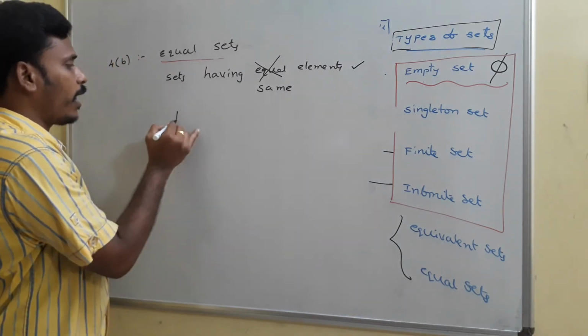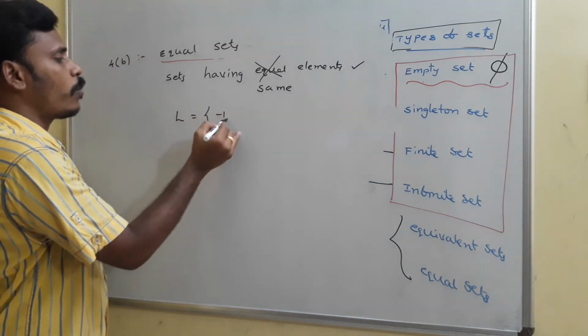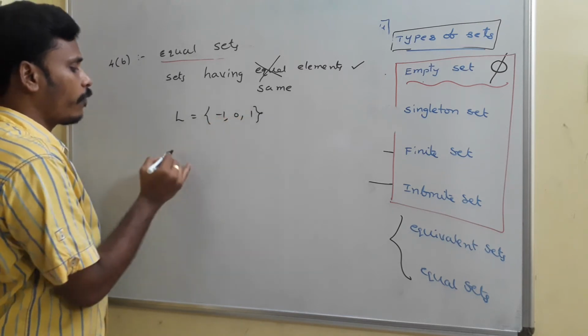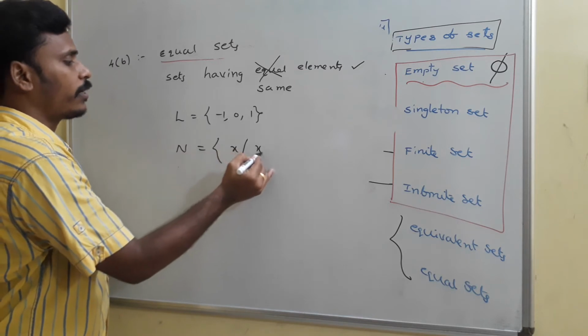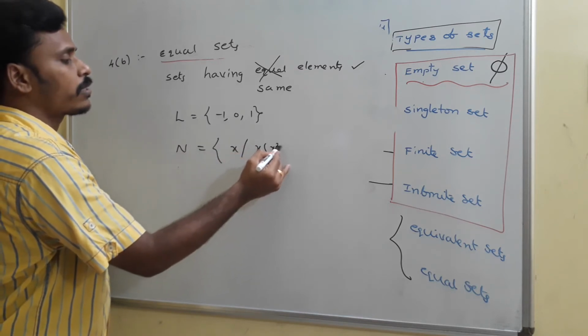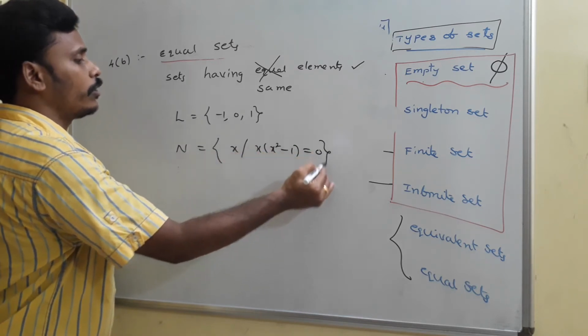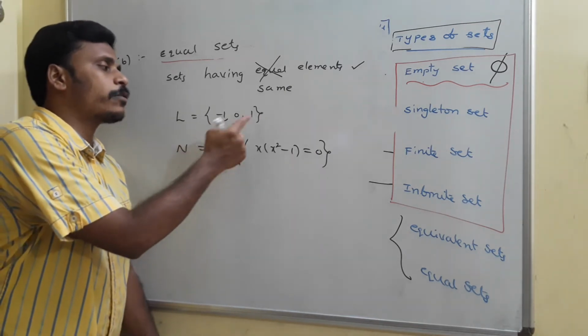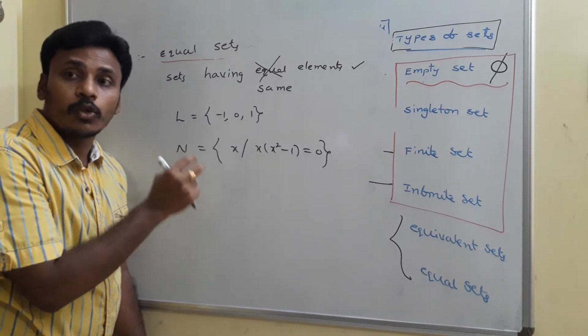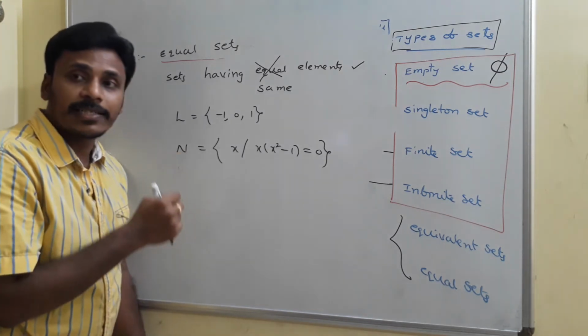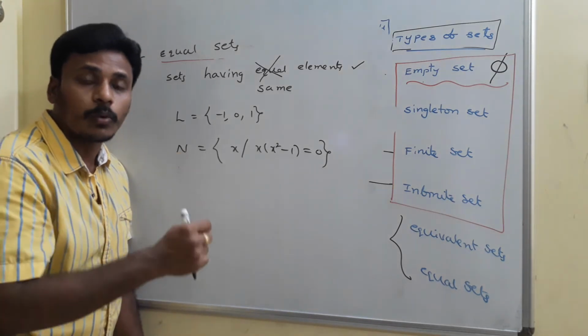For example, L is a set, as I mentioned, minus 1, 0, 1. And if you take a set N that is equal to {x such that x(x squared minus 1) = 0}, here N is a set which contains the solutions of this equation x(x squared minus 1) = 0.